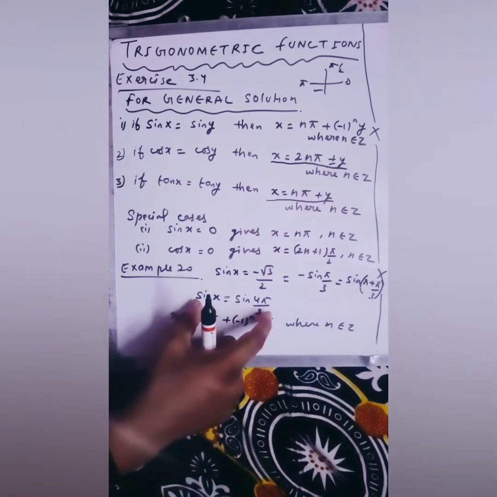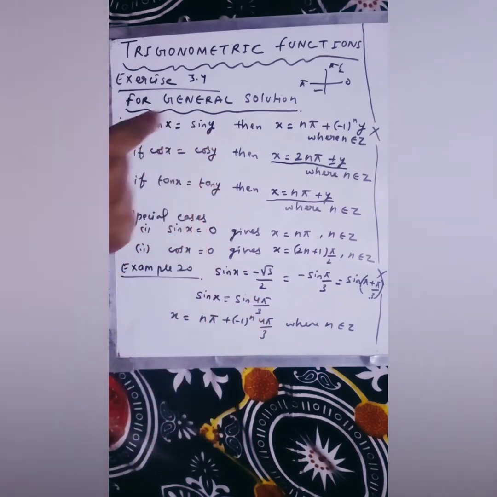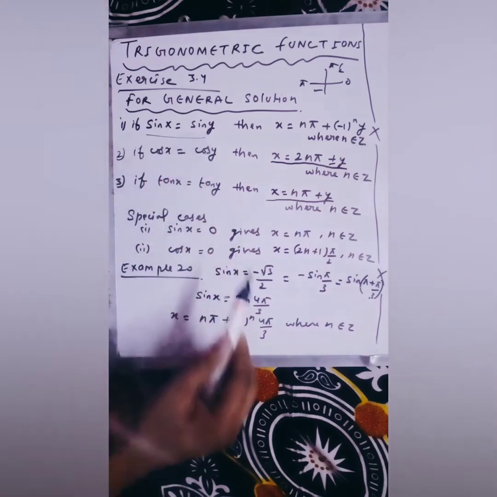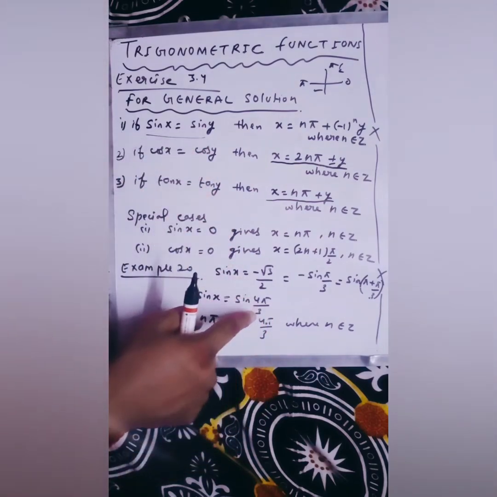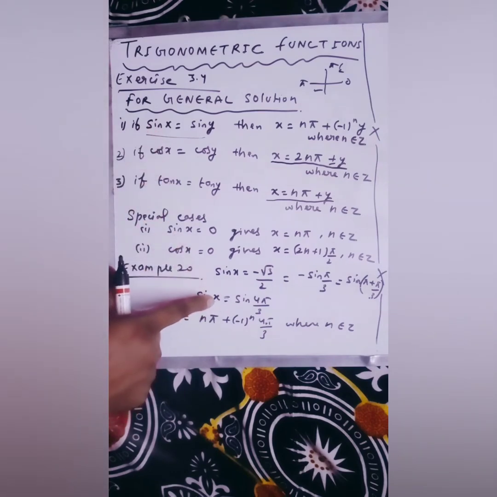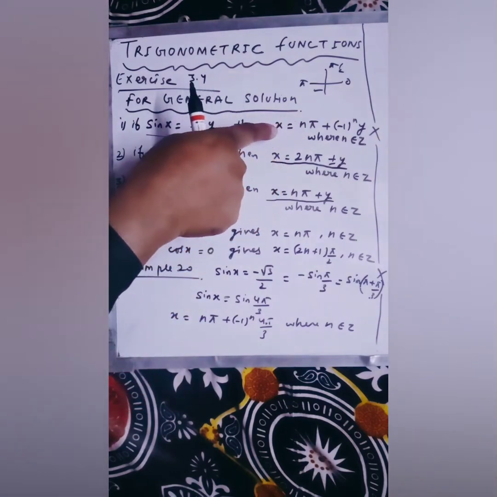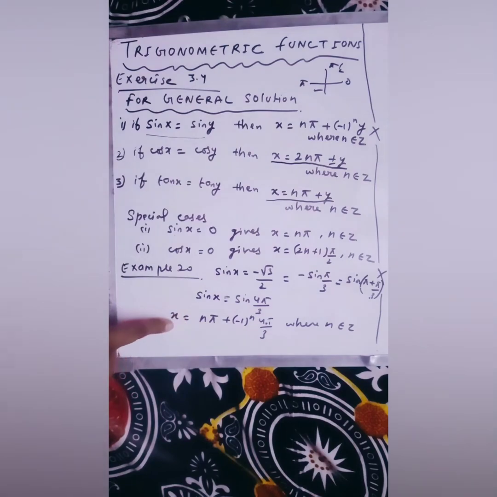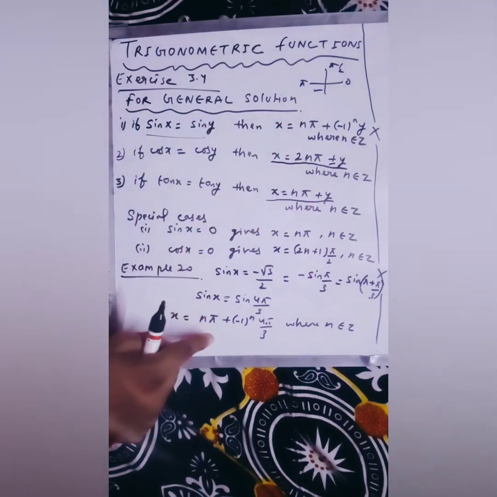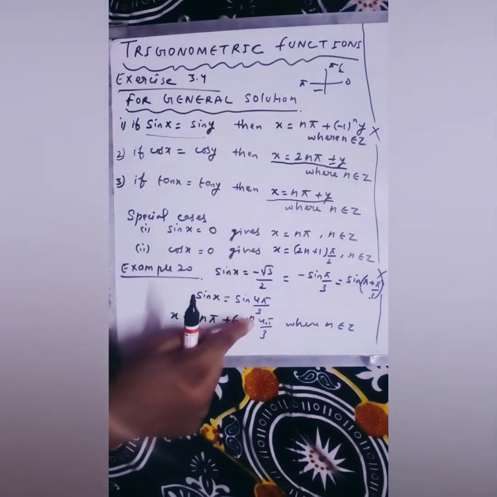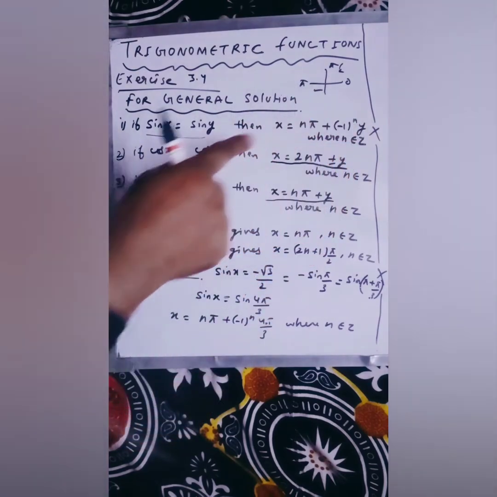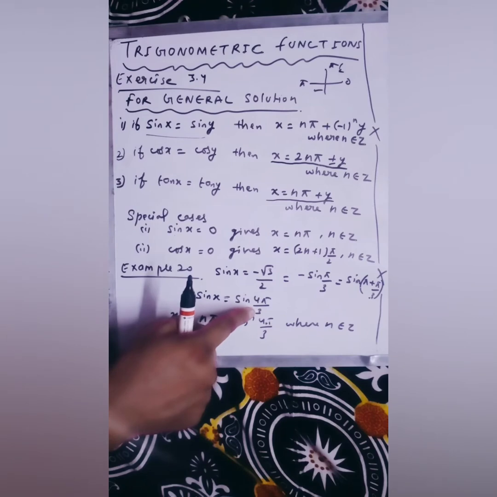Now as you can see, this is coming in the form sin x equals sin y. If you compare, your y is 4 pi by 3, your x is x. So you have to apply this formula: x equals n pi, which remains the same, plus minus 1 raised to power n, and your y was 4 pi by 3.